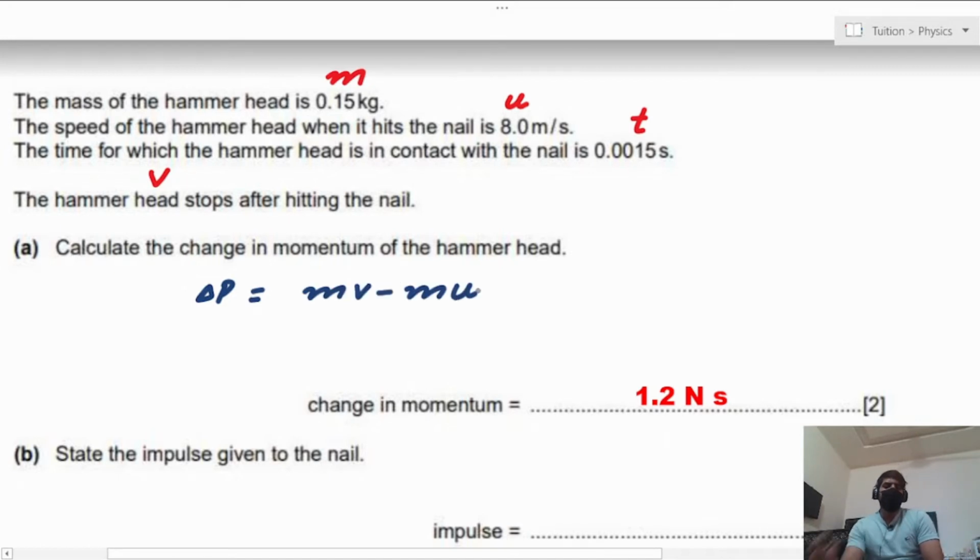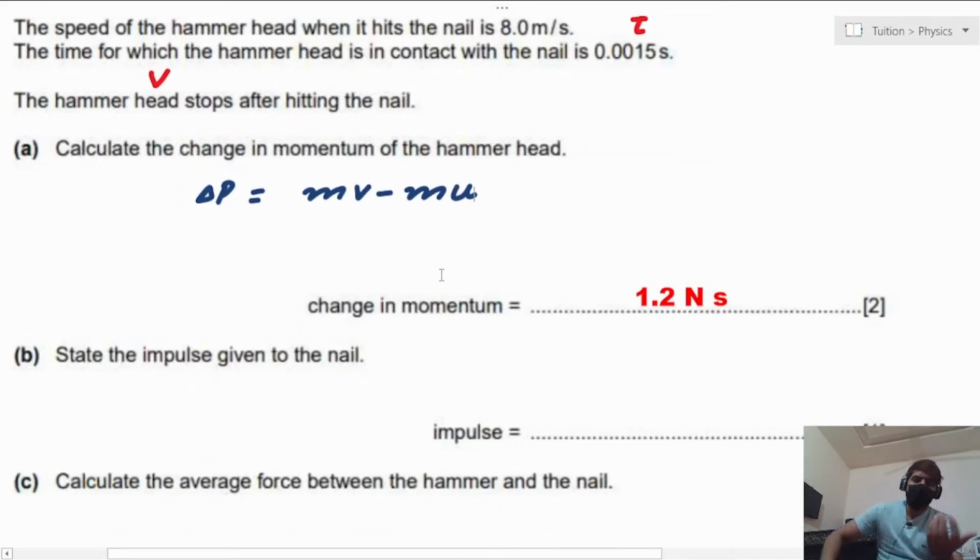All right, I've already written the answer. 1.2 Newton second is the answer, because our topic was not to calculate momentum, we have to calculate force from here. But the formula that you use to calculate change in momentum would be mv minus mu. All the values I have pointed out in the data.